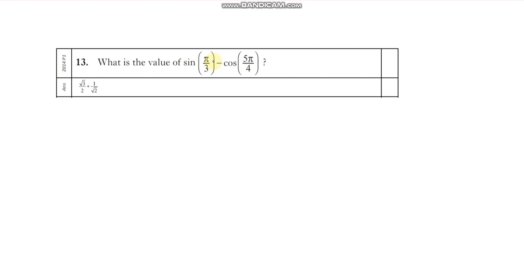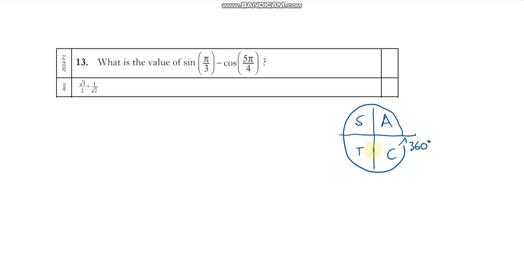So if I was to draw out, let's see, I'll draw out the cast diagram. Now this is effectively like taking our function and putting it into a circle. So if you just look at your circle, we know that our circle has got 360 degrees in it.